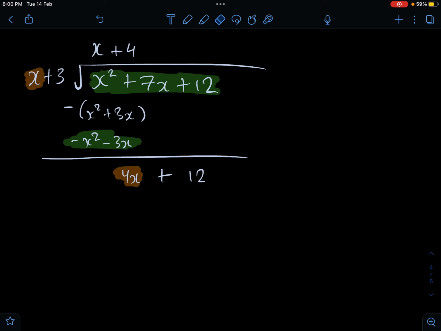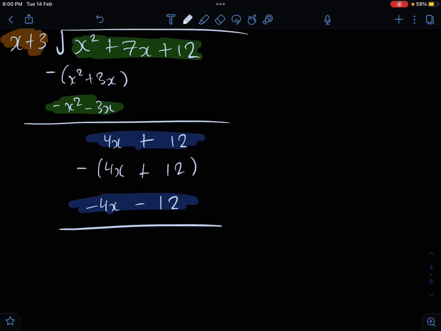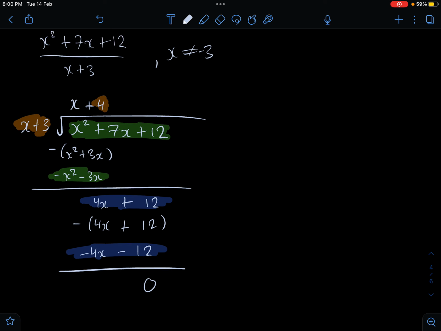And multiply this term by this one, sorry, not the whole top term, just the 4, and subtract that, 4x plus 12, negative 4x minus 12, and add this top bit and this together. Negative 4x plus 4x is 0, negative 12 plus 12 is 0, and so you get a remainder of 0.